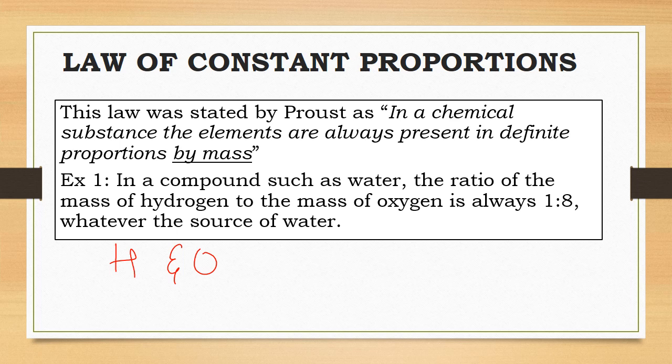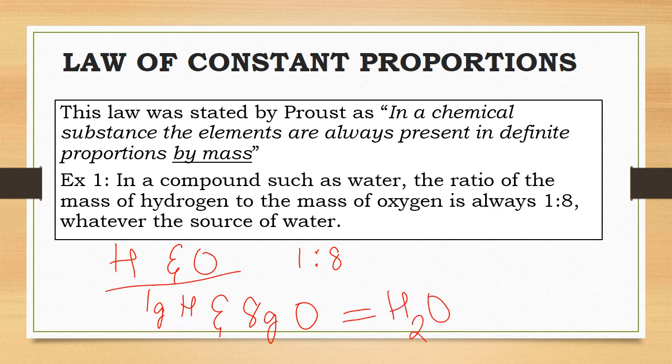And these two elements would have combined in a ratio of 1:8, which means that 1 gram of hydrogen has combined with 8 grams of oxygen. So when 1 gram of hydrogen combines with 8 grams of oxygen, that results in the formation of water.